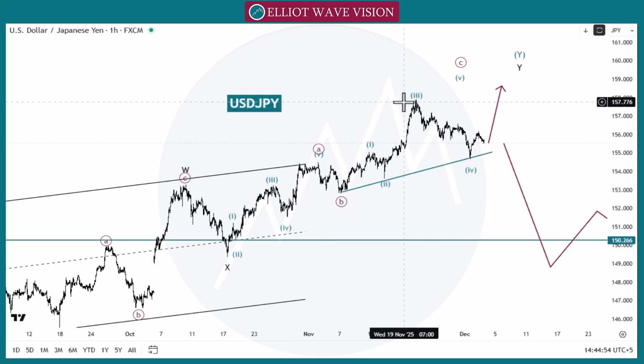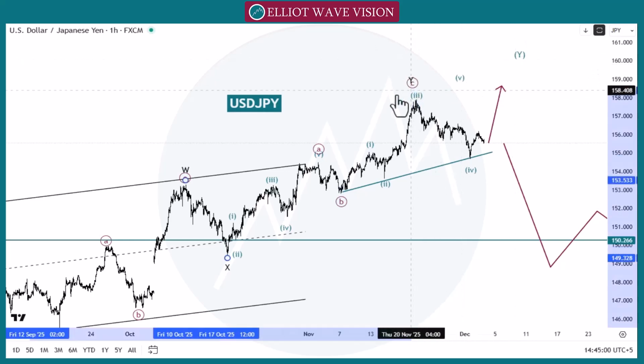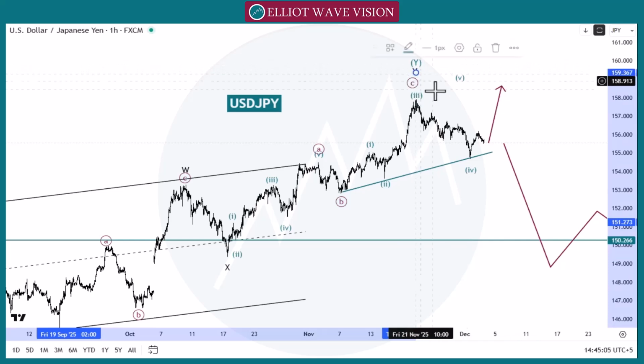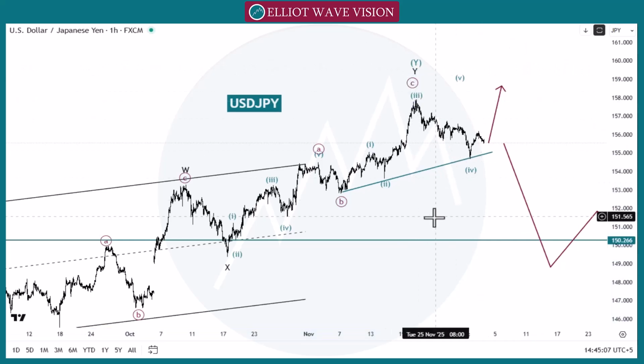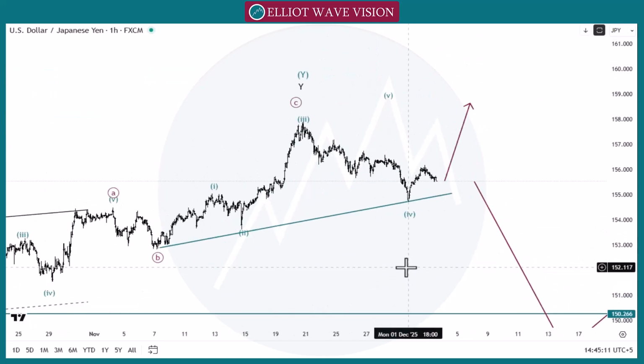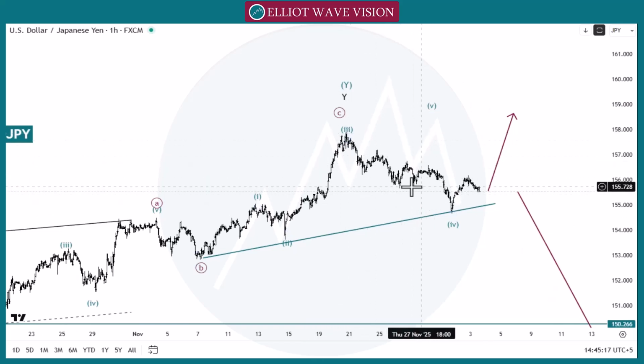We count this move as W, X, Y. This correction may be completed at this point. That's also possible. But if you check this pattern, this leg, it looks more like a corrective pattern, not an impulsive pattern. I cross-checked this pattern like wave 1, 2, 3, 4, 5 as a diagonal, but this wave 5 leg is shorter than the previous leg.